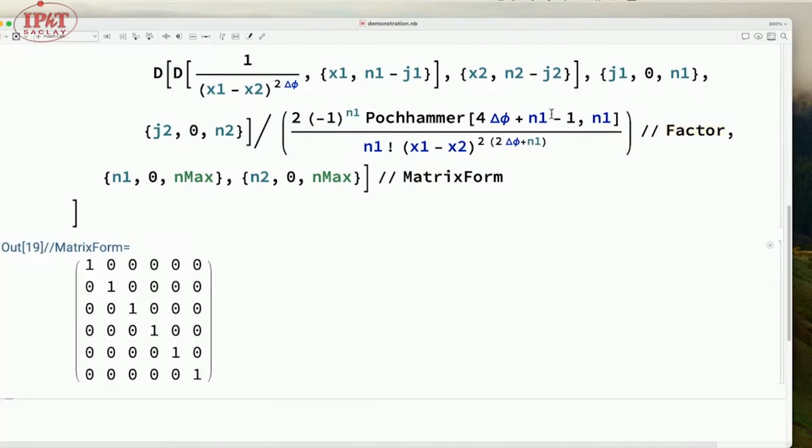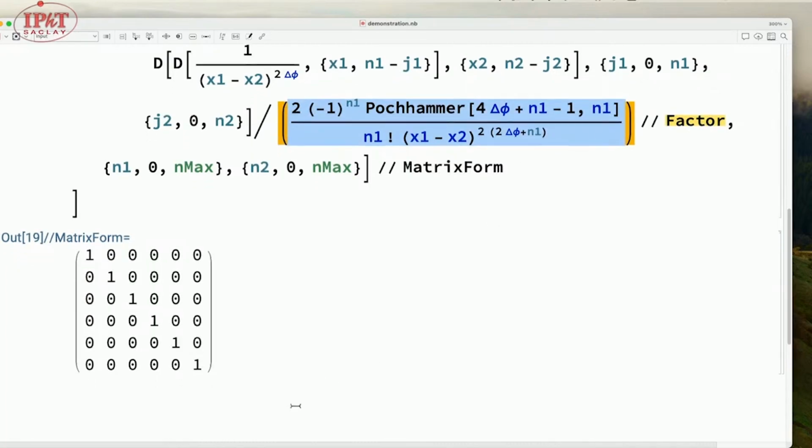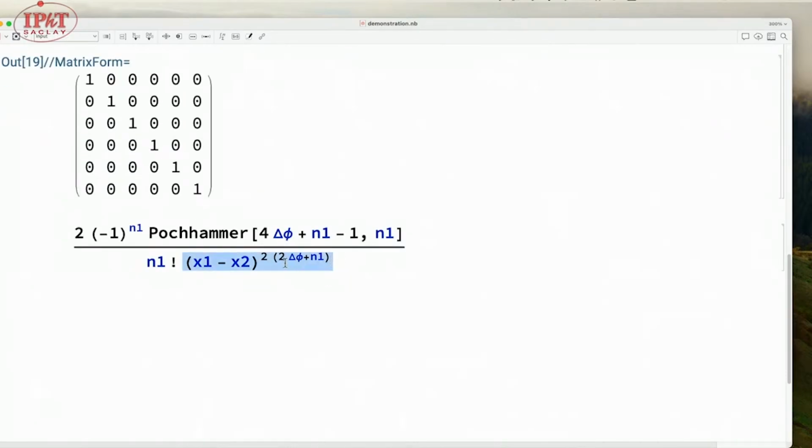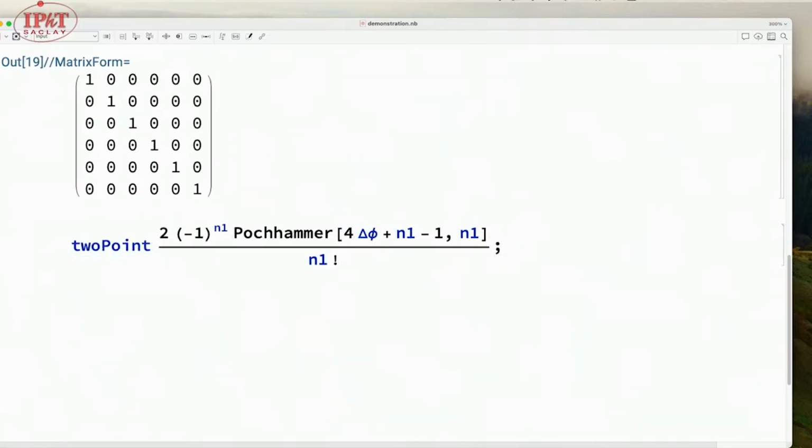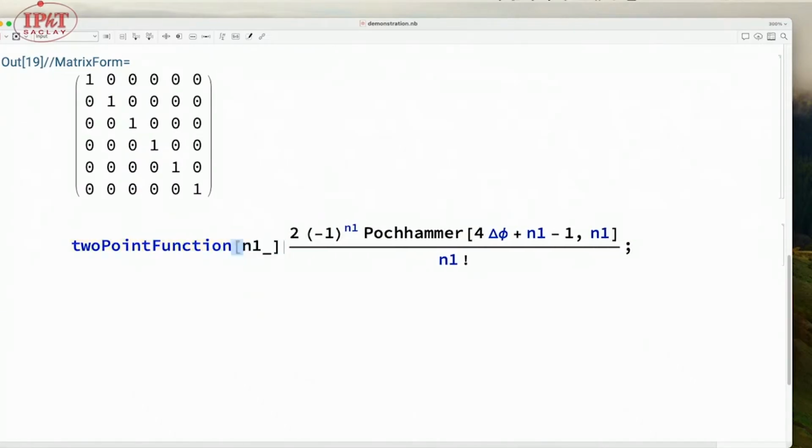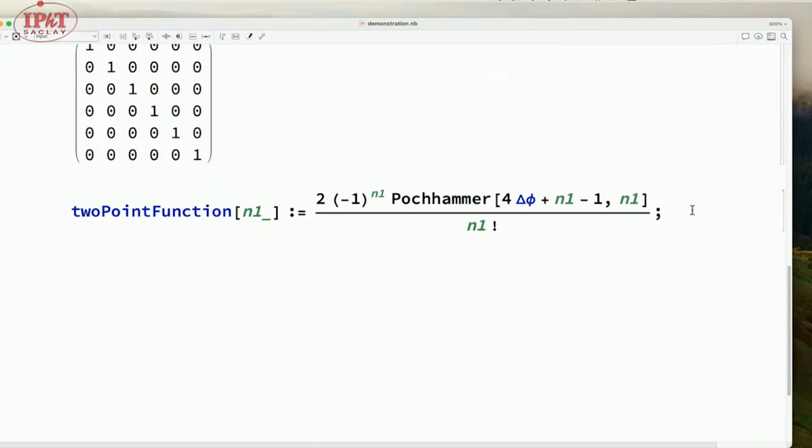Okay, so we determined this factor A. So let's call it the 2-point function of M1. The next thing that you're going to need is the 3-point function, the C_ijk, between a pair of phi's and this double trace operator phi phi n.